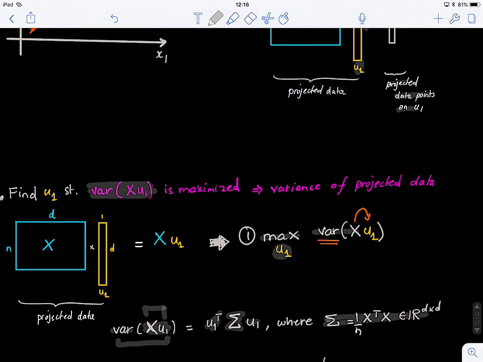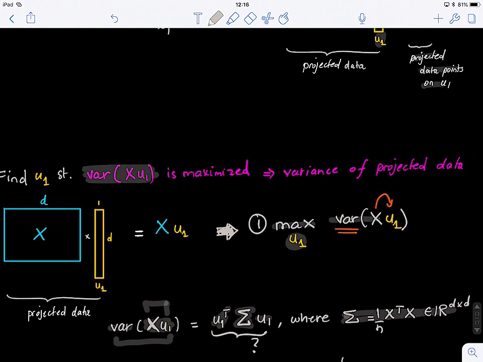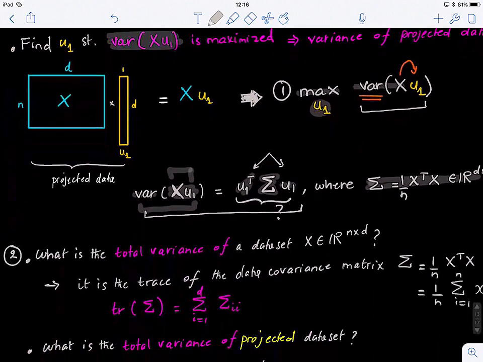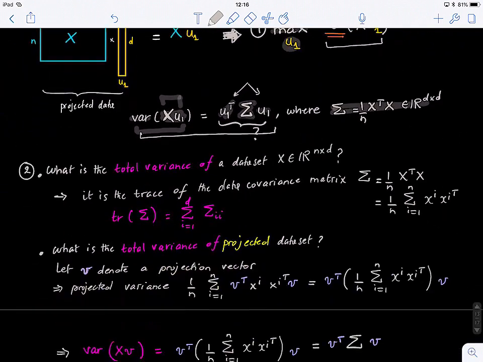So why did we find this? I'm just going to give you a hint, but what you need to remember is that the variance of x projected onto u1 is exactly equal to this quadratic form, where we're taking u1 transpose times the covariance matrix of the data x times u1. This is the mathematical definition, and there is a proof of it. So how did we get that? Let's look at this. I'm just going to go over those.